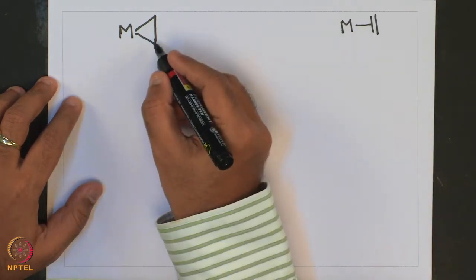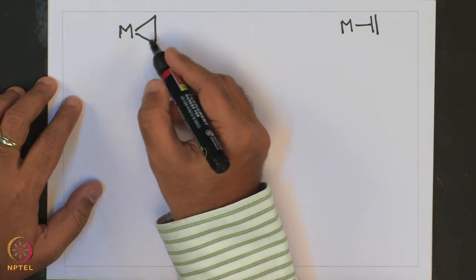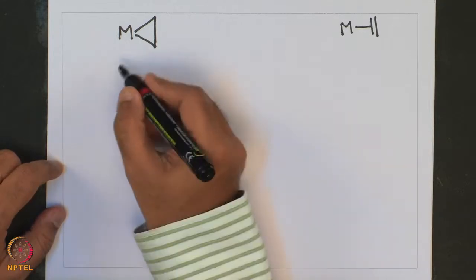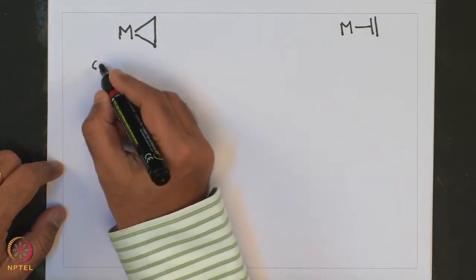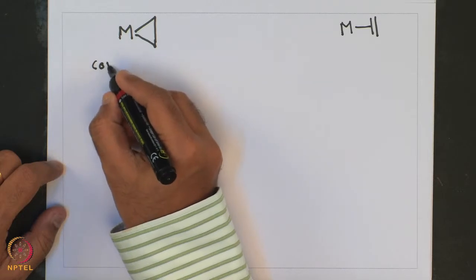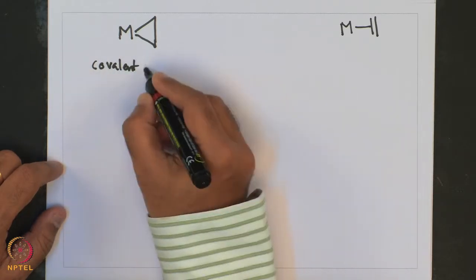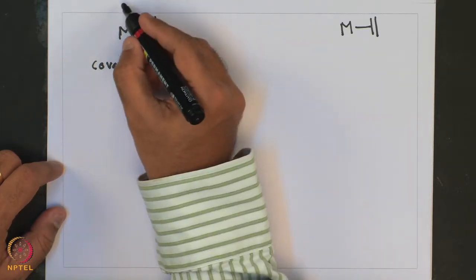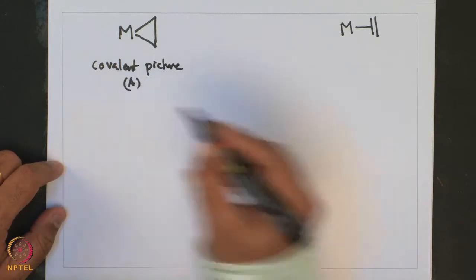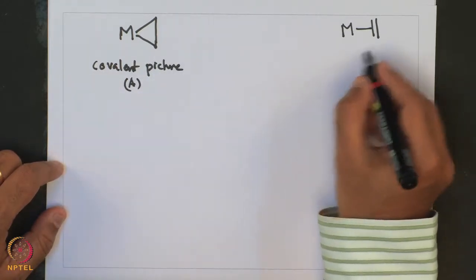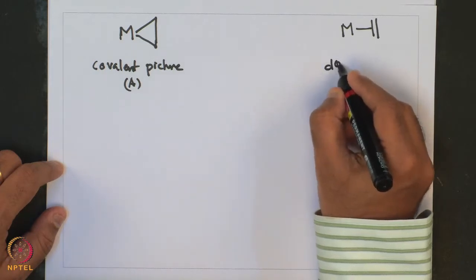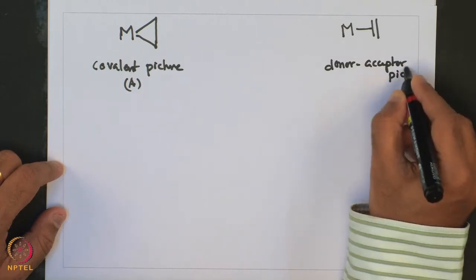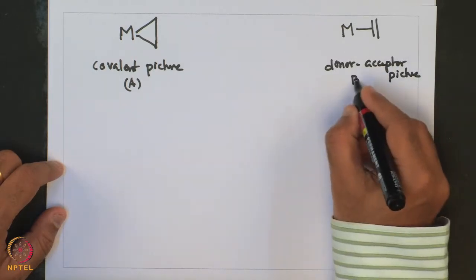In the first, the olefinic double bond is completely lost and two metal carbon bonds have been formed. So, this can be spoken about as the covalent picture. Let us say this is form A, and the other can be called the donor-acceptor picture, designated by form B.